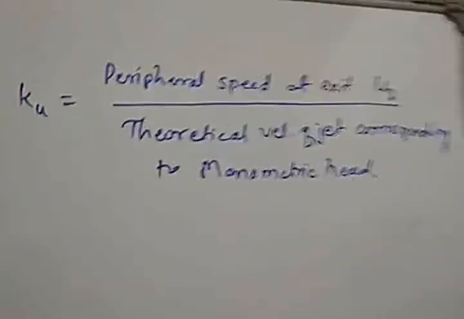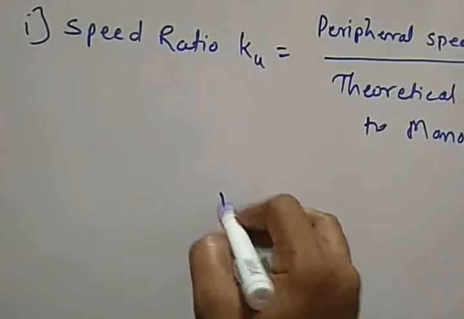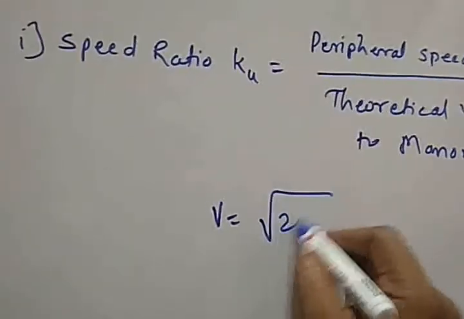Now the theoretical velocity v, we know v is given by under root of 2gh.